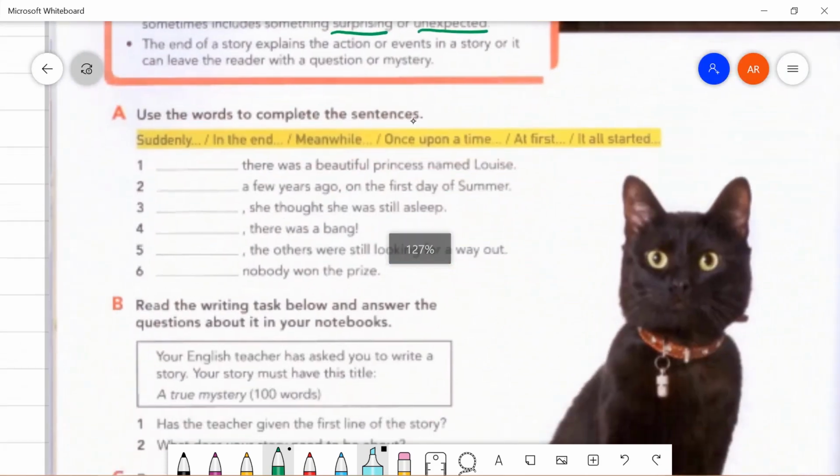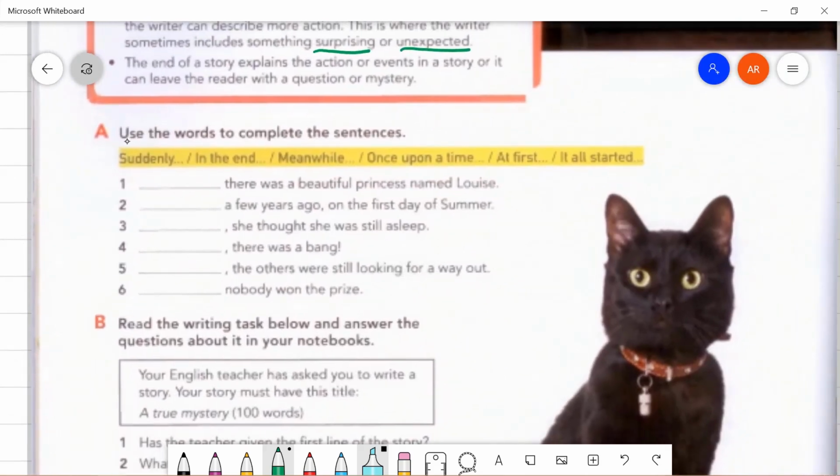Okay, now let's move on to the first task, task A. Use the words to complete the sentences. Okay, these are the words that you should insert in sentence 1 until sentence 6. Suddenly means tiba-tiba. In the end means akhirnya.